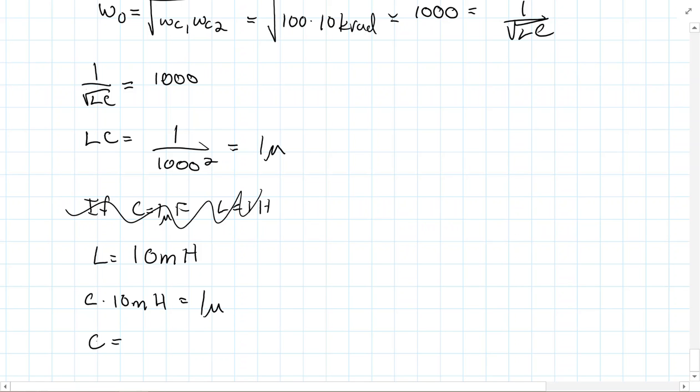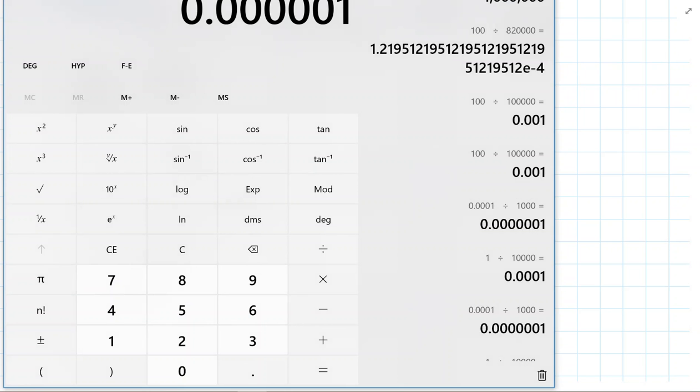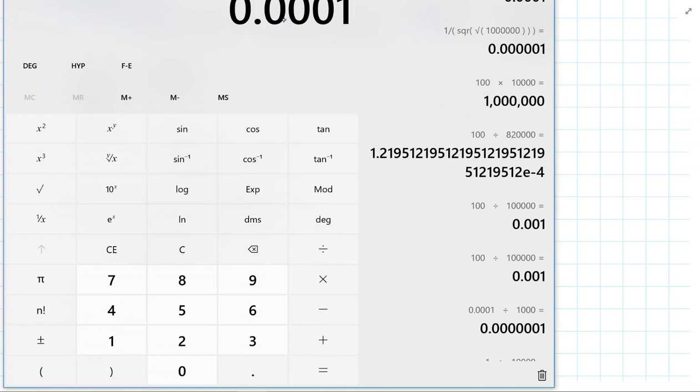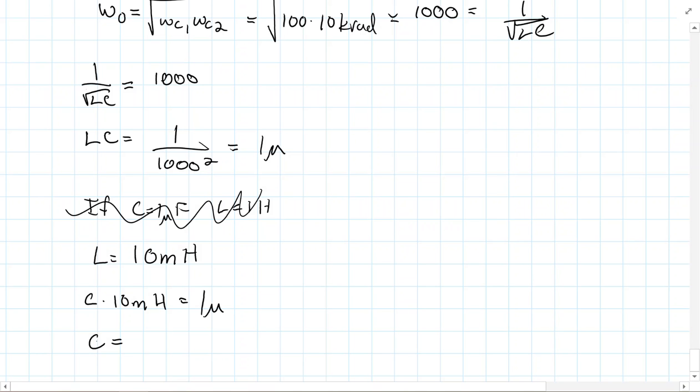So C is equal to 1 times 10 to the negative 6 divided by 10 milli, and that's 0.1 milli, so this would be 100 microfarads, or 0.1 millifarads, which isn't horribly unrealistic.